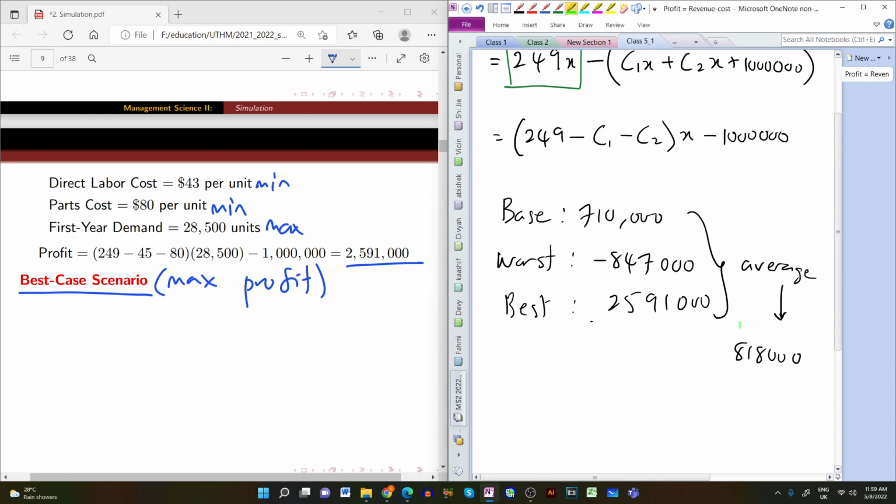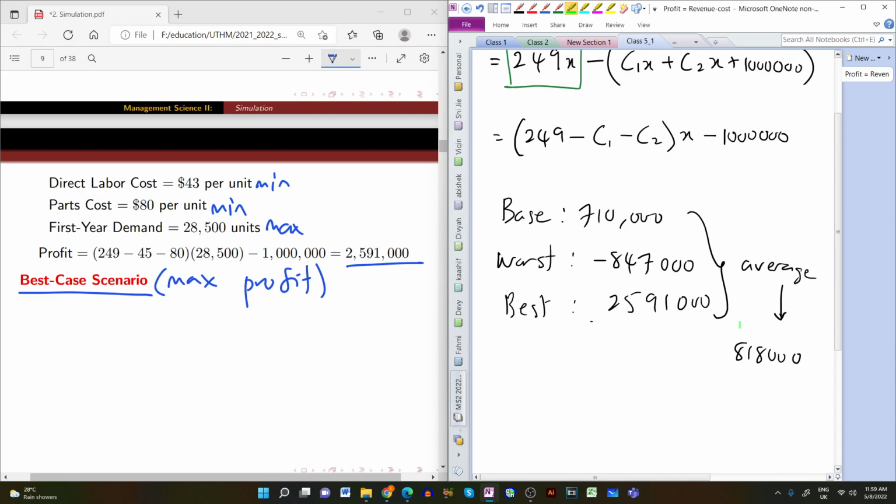So as a manager or the group head of the task force for developing a new prototype, you bring all this information and present it in front of your CEO of the company, and then the CEO says only with this data is not sufficient for us to come out with the best profit forecast. In that case he asks you to do more analysis.